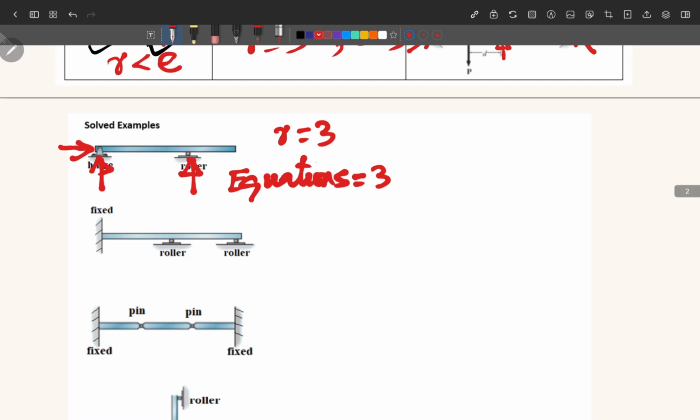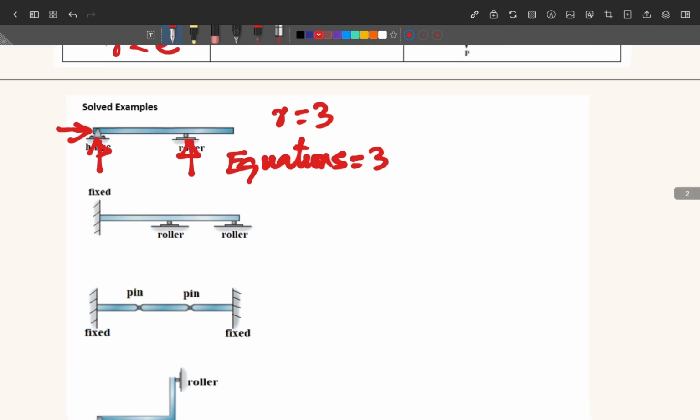So 3 reactions and 3 equations. Now according to our definition, if R is equal to 3, R is equal to equations, then we say that the structure is determinate. And also if we see here, the reactions are not parallel, the reactions are not concurrent. So this structure is known as statically determinate and stable.